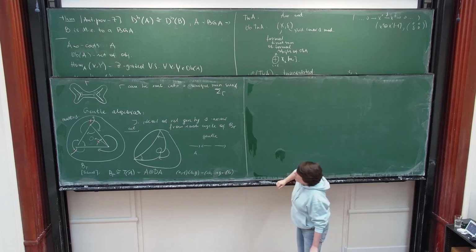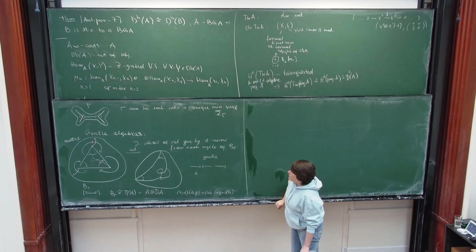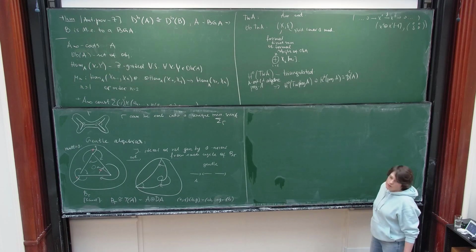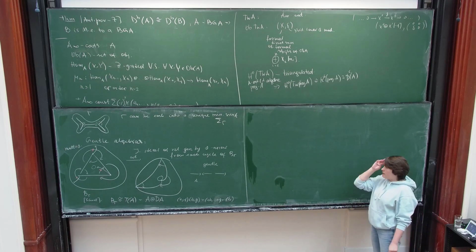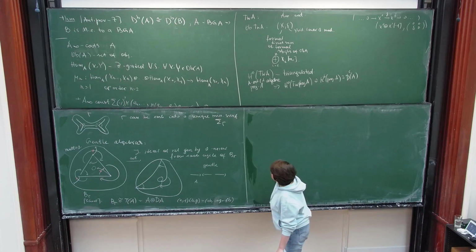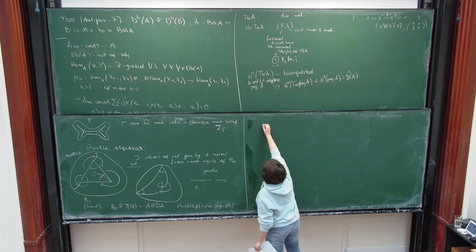So now for these gentle algebras, there is a version of A-infinity categories which come from partially wrapped Fukaya categories, which allow us to study their derived equivalences. So let me tell you about that.